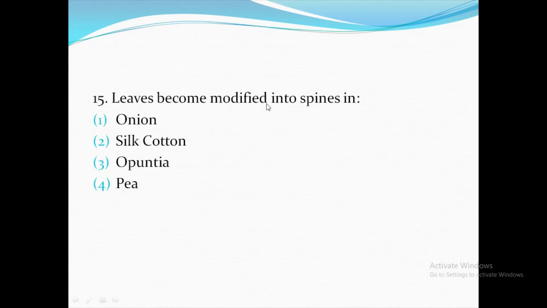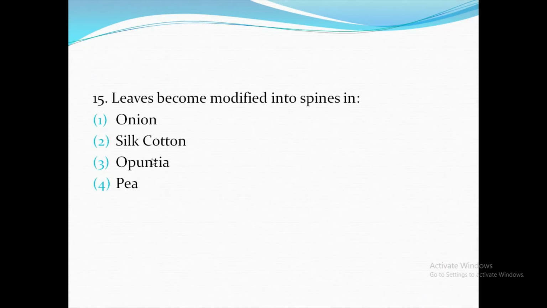Leaves become modified into spines. Now in onions, silk cotton, and pea plant, there are no spines. Leaves become modified into spines in opuntia. Opuntia is a xeric plant which lives in extreme hot conditions.